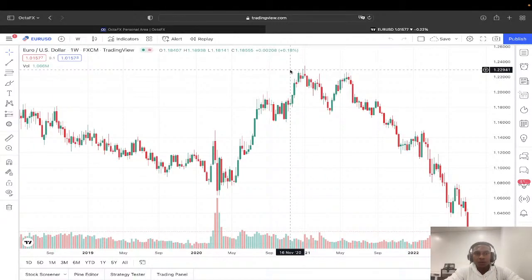Why? Because it is important to understand the market structure, where the market direction is facing. That is what we want to understand. What direction is the market facing?